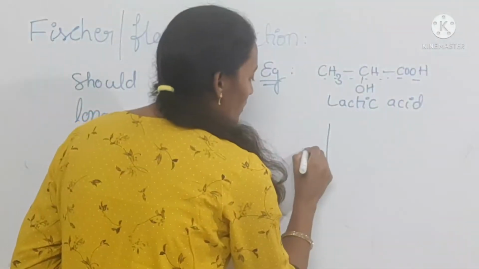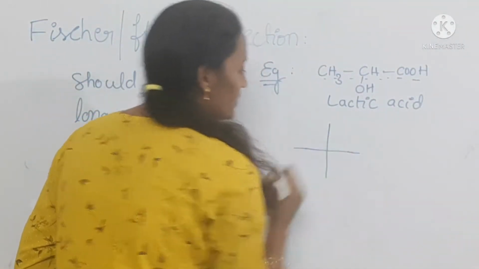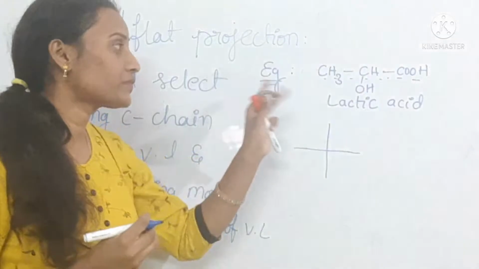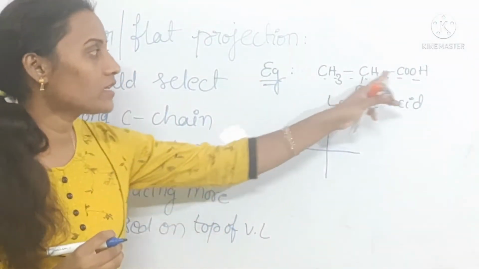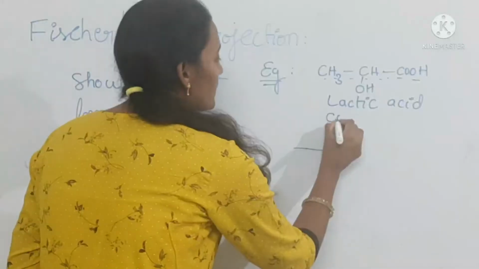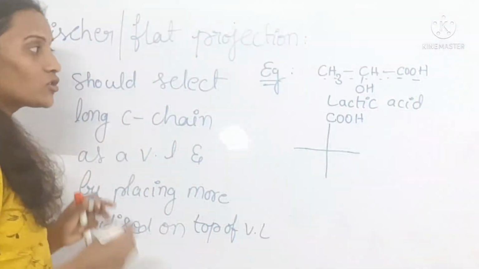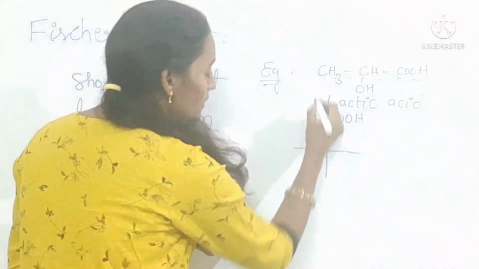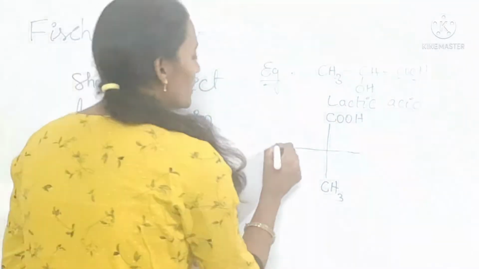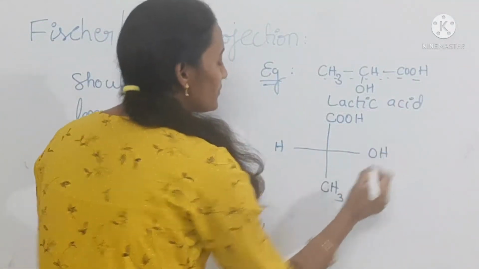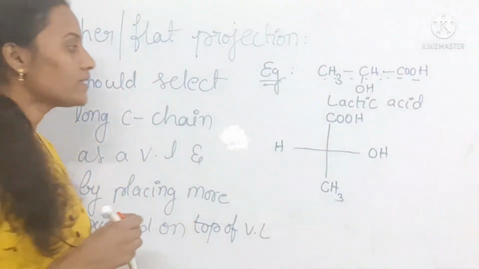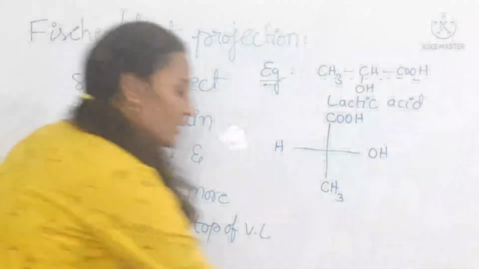And what is the more oxidized group in this lactic acid, OH or COOH? COOH, the carboxylic group, is the more oxidized group. You can place it on top of this vertical line and place this CH3 at the bottom of that vertical line. Then you can place hydrogen and OH on either side of that horizontal line.